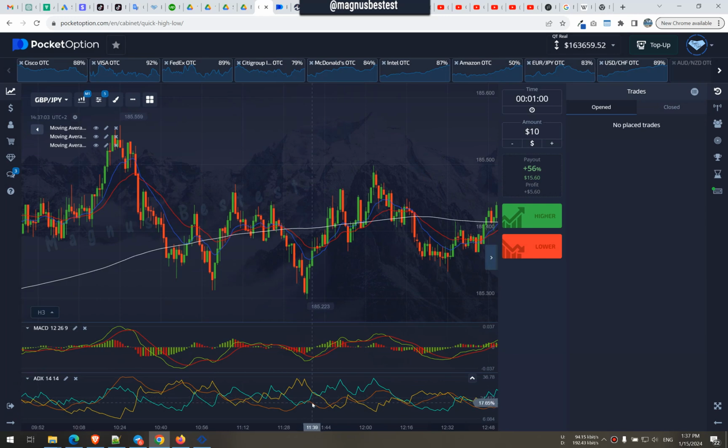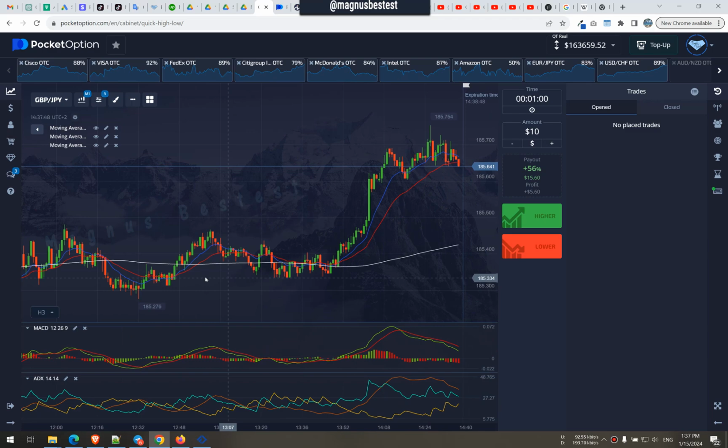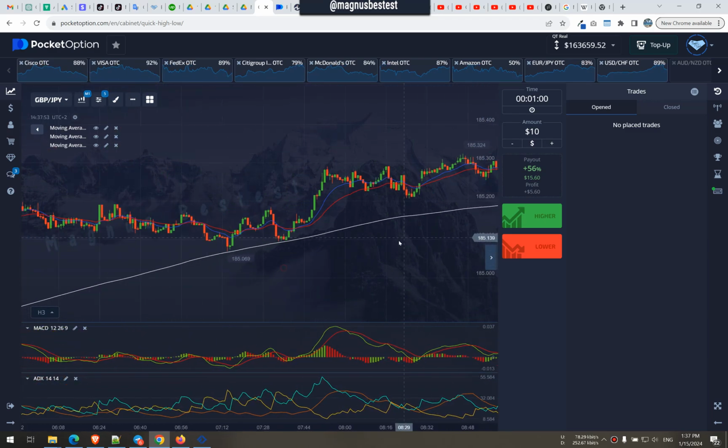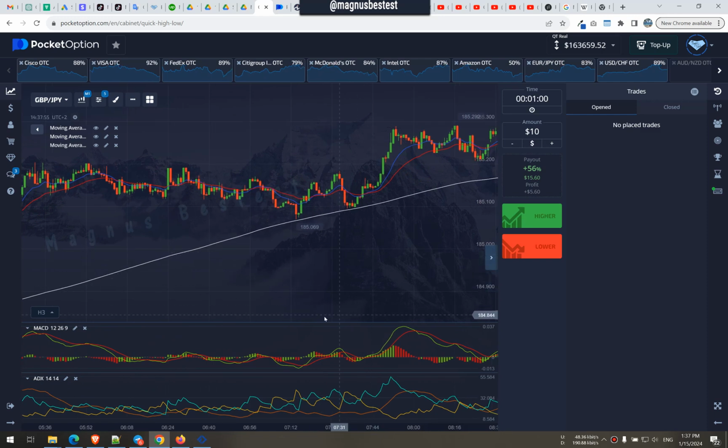This is just a very quick ADX showcase. Let me check the good signal that we had. So in MACD, we are here below zero, and on price we are above 200. So this is according to my strategy of trend with MACD.